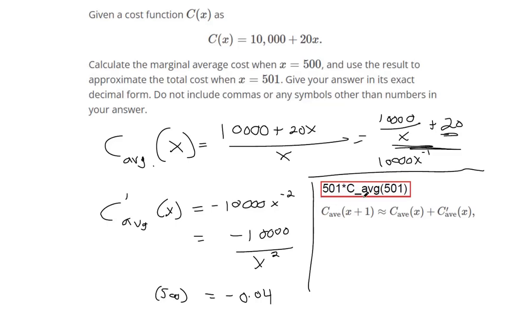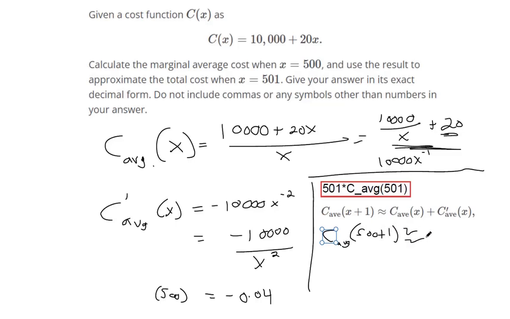And so to figure out what the cost per average is for 501, for some reason they want us to use our previous result, so we can approximate it using this. I don't know why we can't just plug it into the average, but that's not what Newton's looking for here. So we can figure out what the average cost of 500 plus 1 is using Newton's notation.